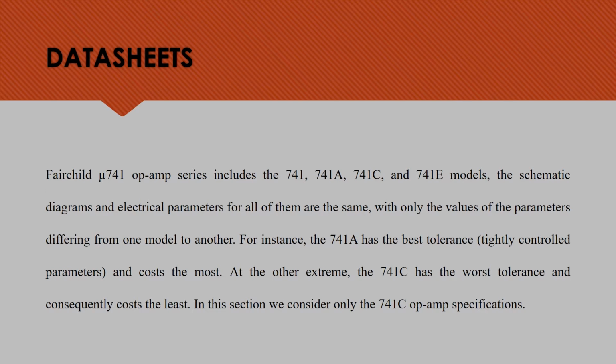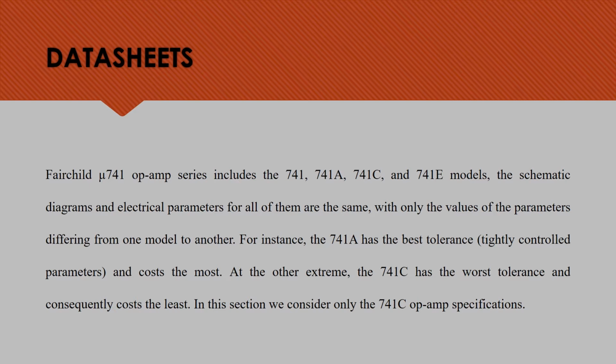Although a series of 741 op-amp ICs exists that includes 741, 741A, 741C and 741E models, the schematic diagram and electrical parameters for all of them are almost the same, with only the values of parameters differing from one model to another.